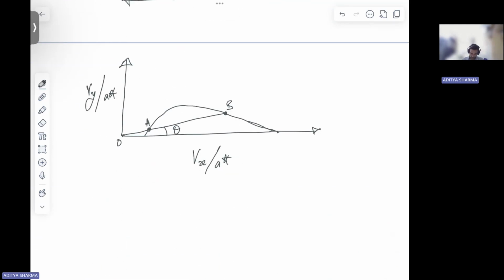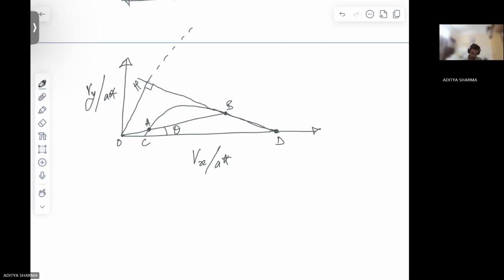Now if you draw one line joining B, and I draw a perpendicular on this line, so I drew a line from C to D to B, and then I got a perpendicular OH on this line DH.